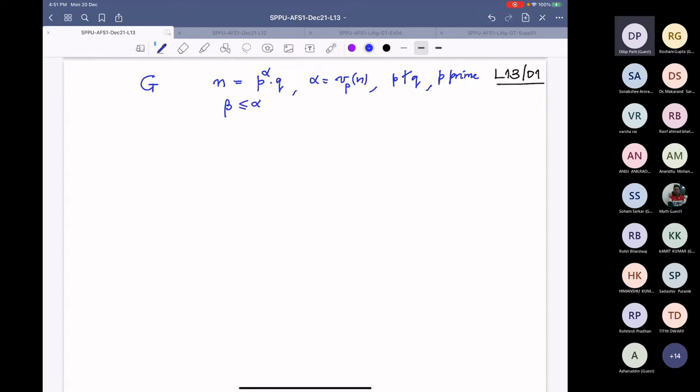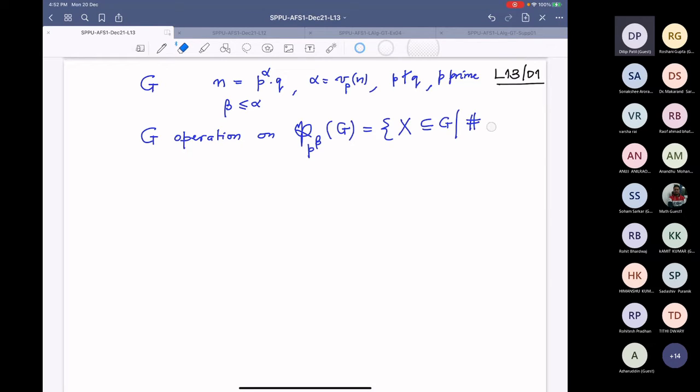We are talking about G operating on the power set P_beta(G), the set of all subsets X of G with cardinality p power beta.